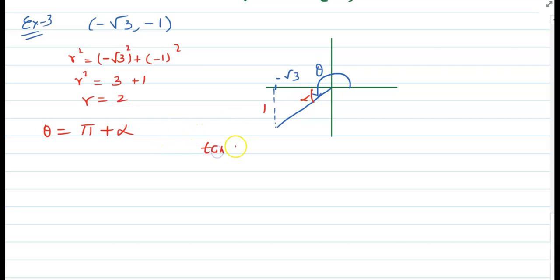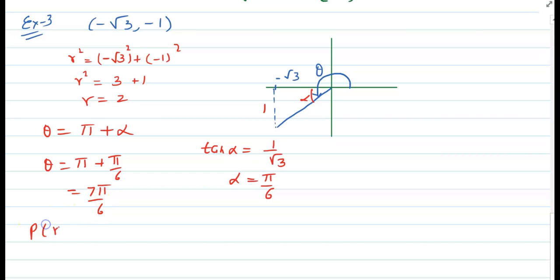So tan alpha equals 1 over root 3. So alpha is pi over 6. So our first angle will be pi plus pi over 6, that is 7 pi over 6.